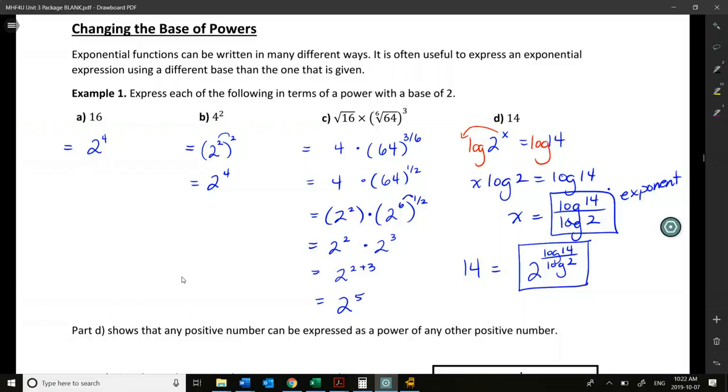So I'm leaving it in fraction form. Okay, if you check this on your calculator, like if you do 2 to the exponent log 14 over log 2, you should get exactly 14. Okay, so we're going to use this idea to solve a variety of expressions with common bases and without common bases.